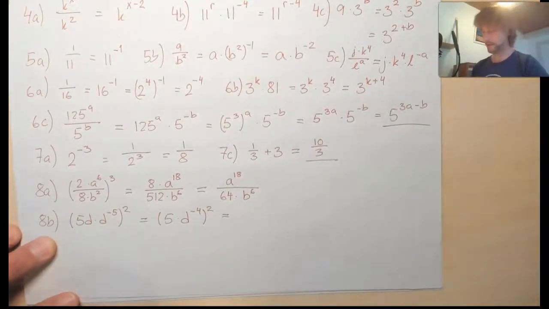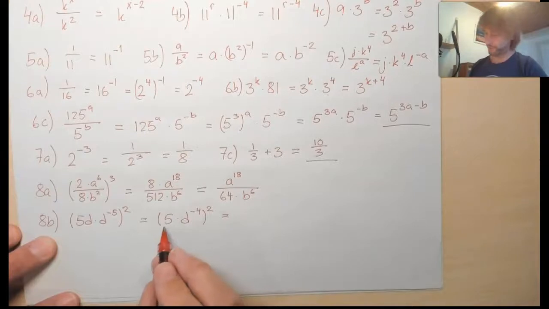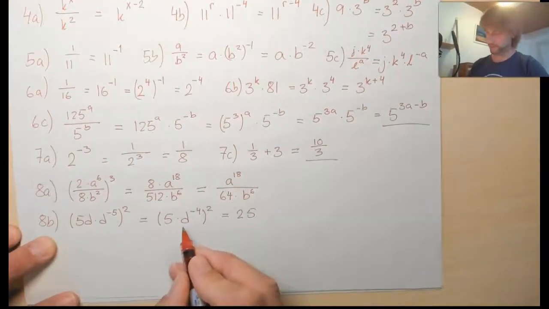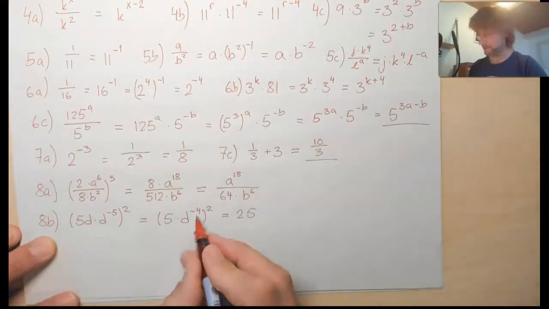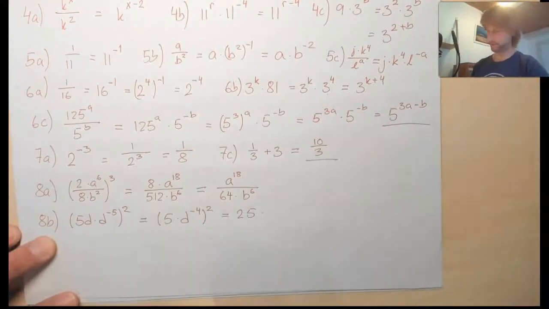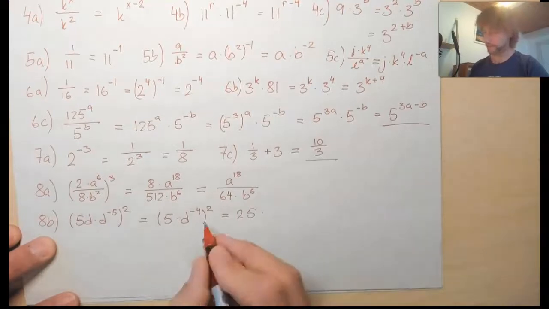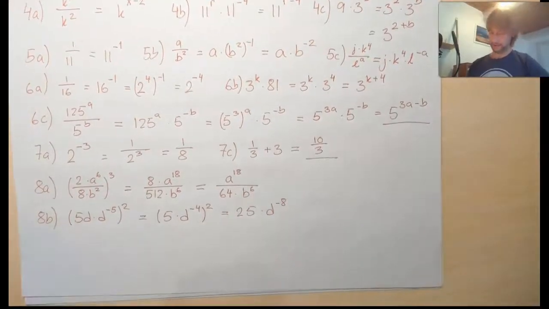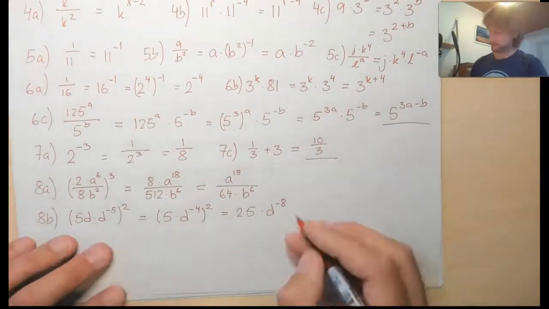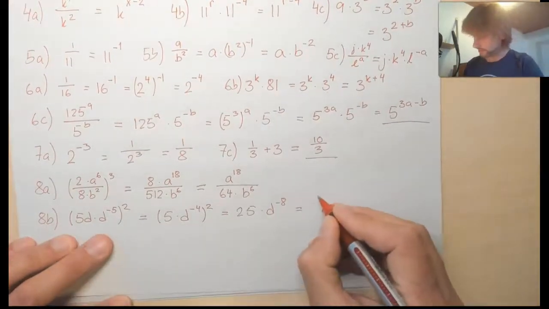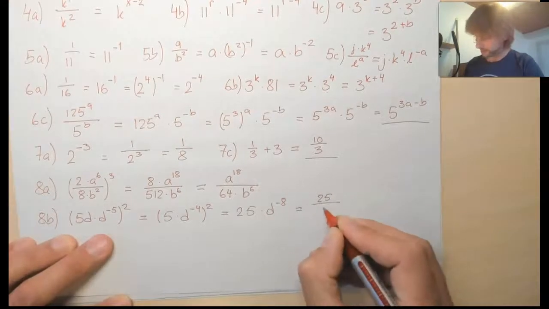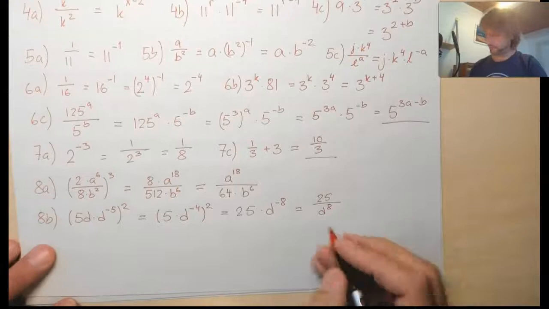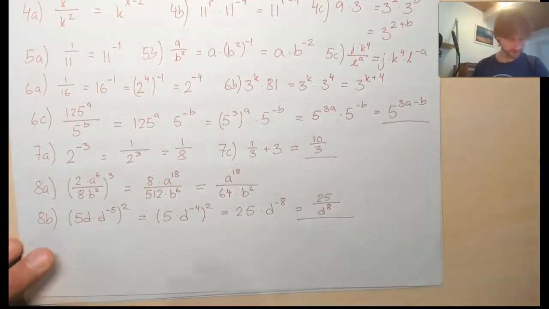Squaring a product can be done by squaring both factors. So 5 squared is 25, multiplied with subsequent powers, d to the minus 4 to the power of 2. I can multiply the exponents, so that is d to the minus 8. Whether this is the simplest form, or we want to write that's 25 divided by d to the power of 8, I don't really know. Both are lovely and simple.